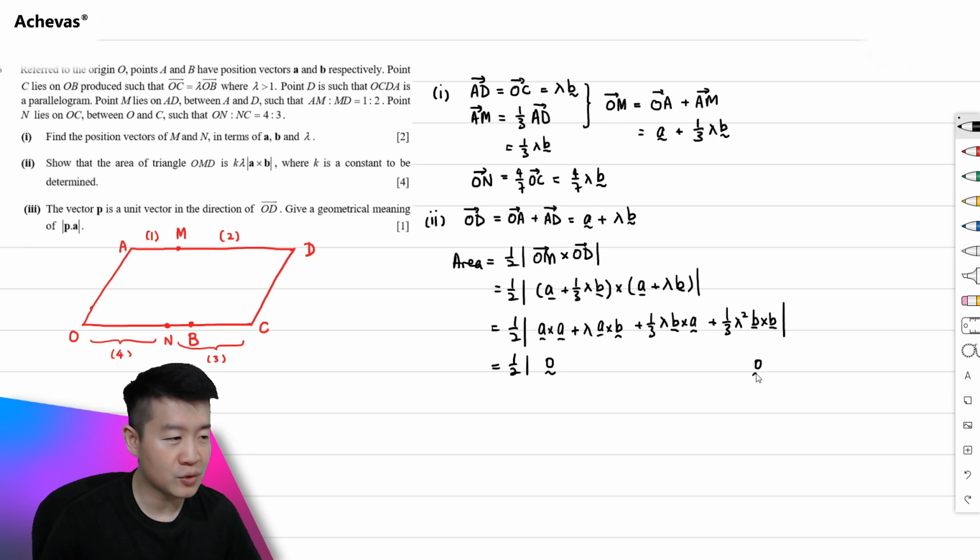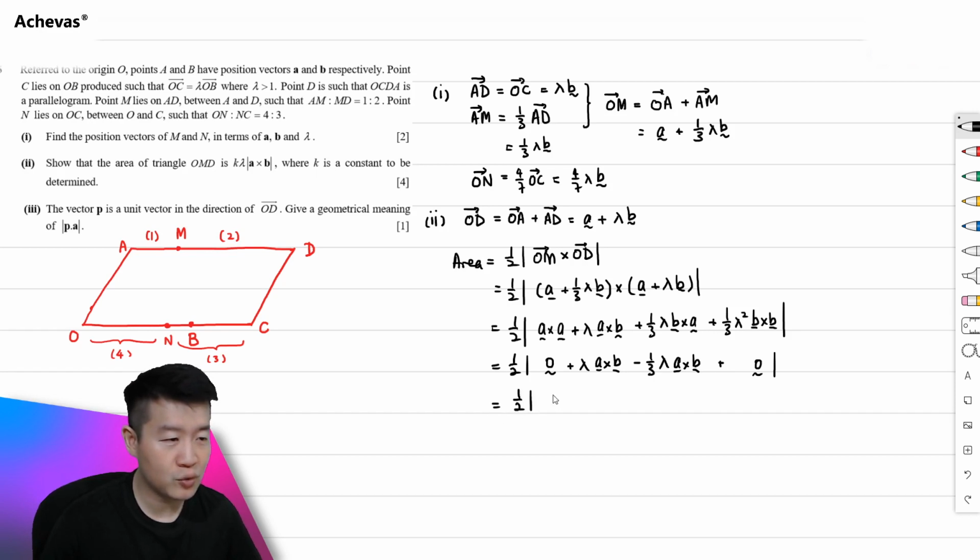B cross B is also a 0 vector, plus lambda of A cross B. B cross A is minus A cross B, so I'm going to rewrite this as minus 1 over 3 lambda of A cross B.